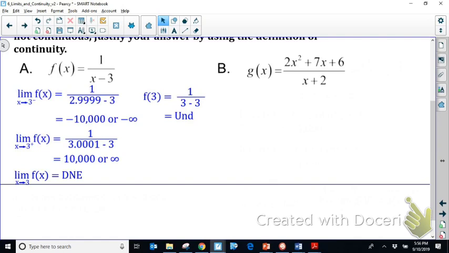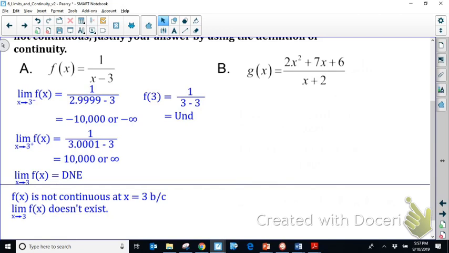So here, according to the definition, it cannot be continuous at x equals 3 because, first of all, the limit doesn't exist. You could also say, like we saw in the last three examples, that the defined part and the general limit don't equal each other, something along those lines.